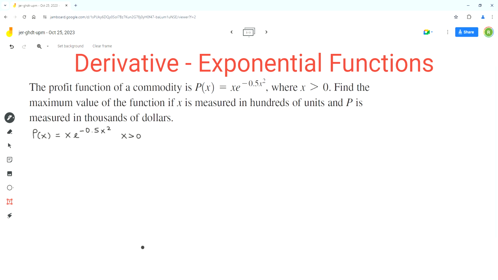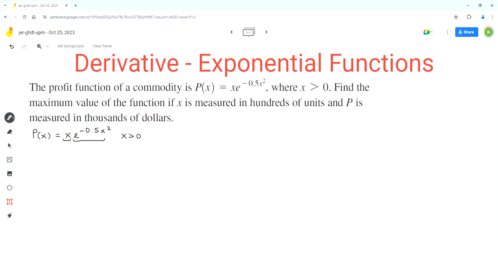Now this function is made up of two functions. There is this polynomial function x and the exponential function e to the power negative 0.5x squared. And these two functions are being multiplied, so we should use the product rule to find the derivative of this function.